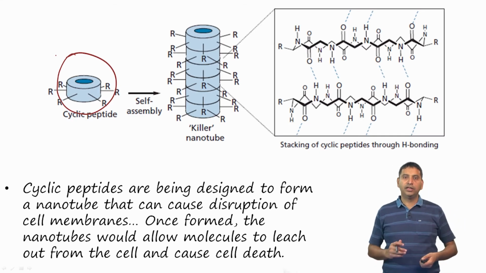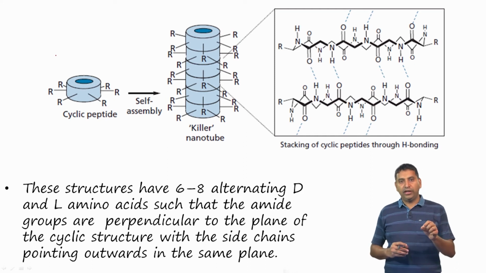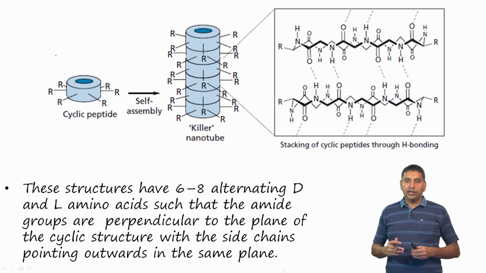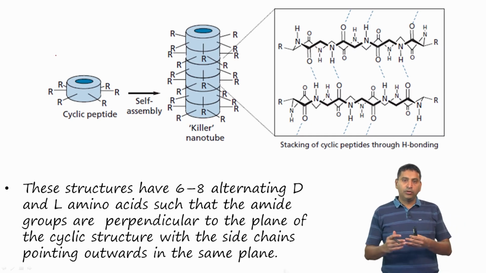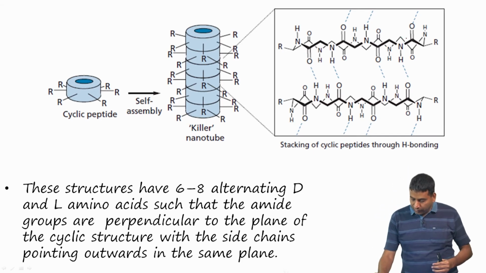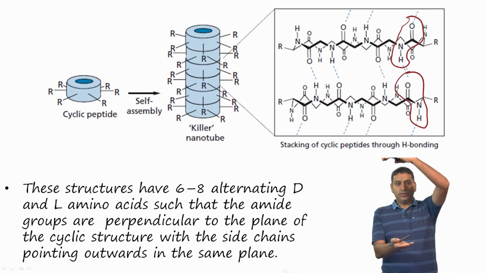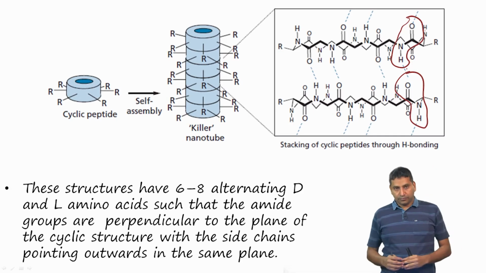If you look closely at this nanotube, these structures have 6 to 8 alternating D and L amino acids, such that the amide groups are perpendicular to the plane of the cyclic structure. So, you have the amide group here and the amide group over here, and these are perpendicular to the chain of the structure.